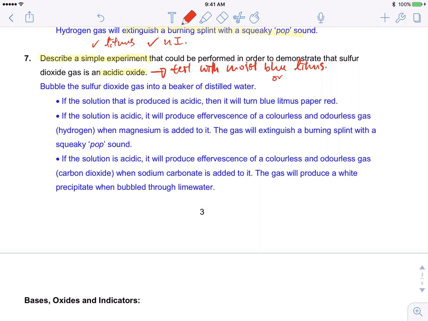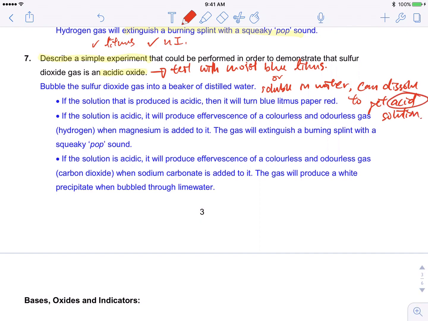The easiest way is, since you know that acidic oxide is soluble in water, we can dissolve it to get an acid solution.